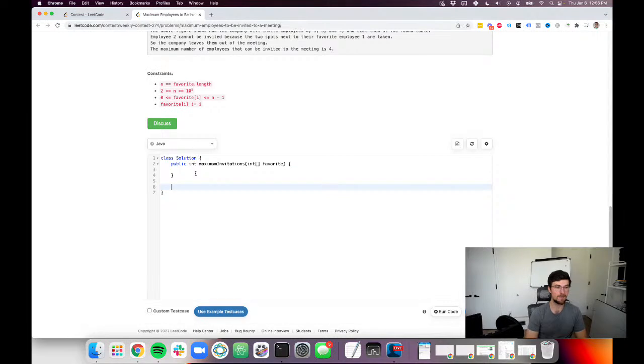So we could do, for example, what I like to do is basically a hash map of integer to set of integers. And so let's create a function that's going to basically construct our graph.